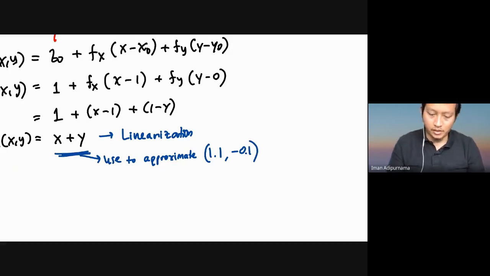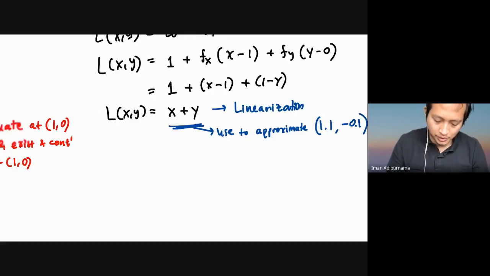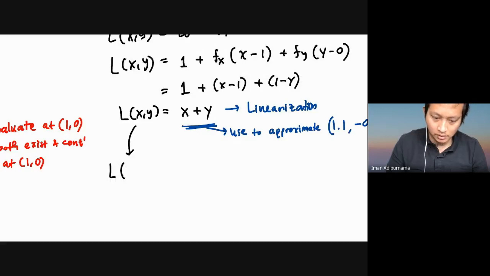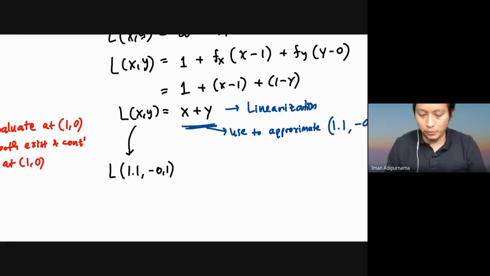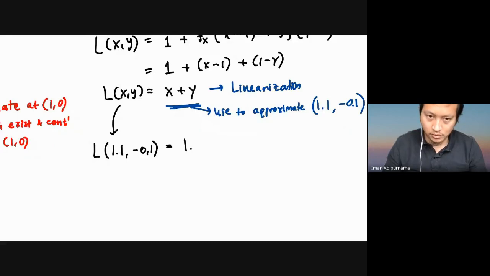Now what we are going to do, we just plug in the coordinate that we want to approximate. So 1.1 and negative 0.1, it's approximately 1.